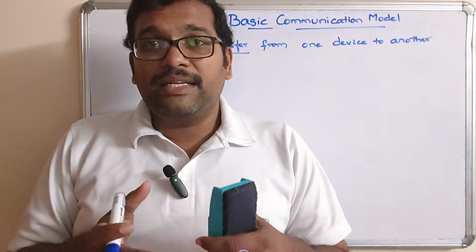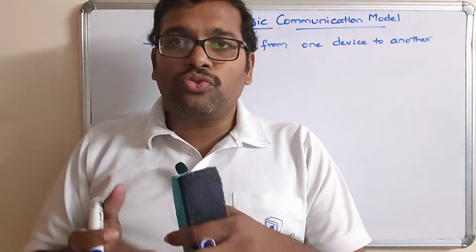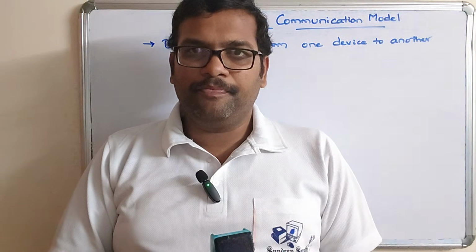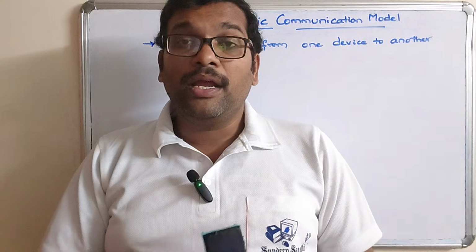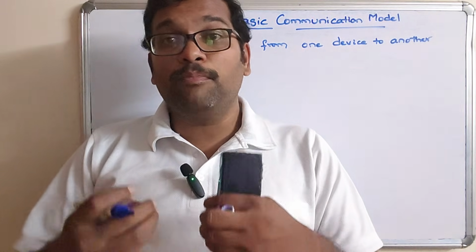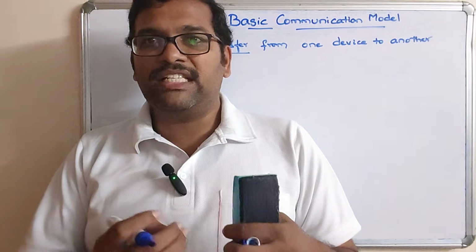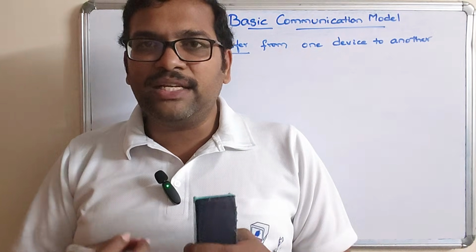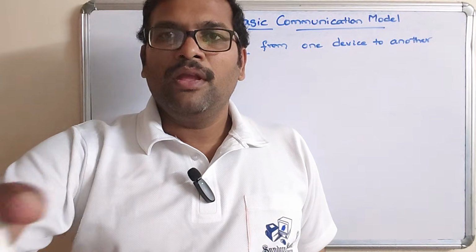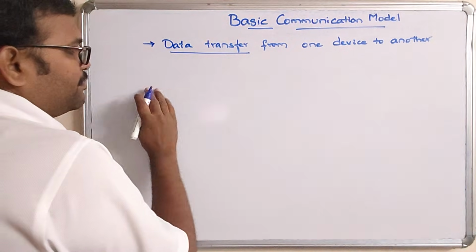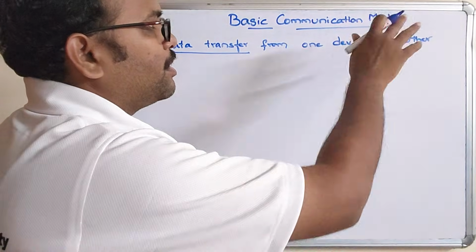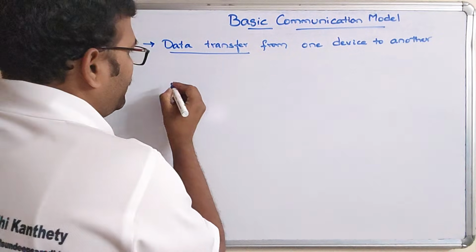This data transfer will be done through a transmission medium. And also there will be some protocols, some rules each device will follow in order to receive or send the data. Now we'll see the complete communication model, how the data transfer will be done.